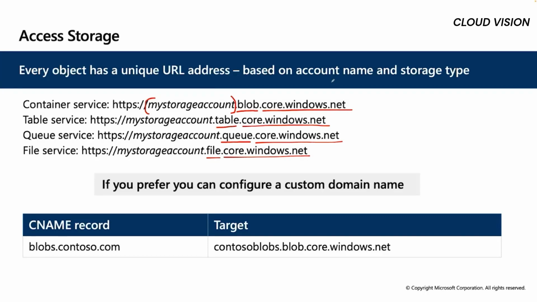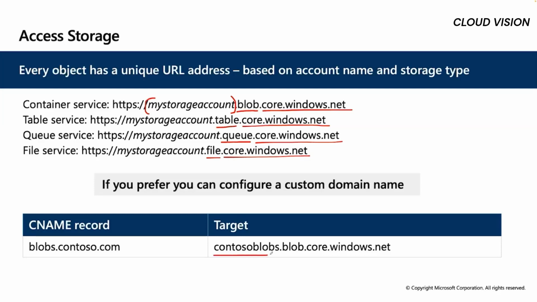So when you're creating a storage account and the name you have given is, say, my company images, then it's just https://mycompanyimages.blob.core.windows.net, and this is how you can access it. Here is an example of custom domain pointing.